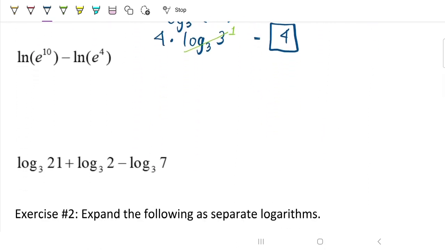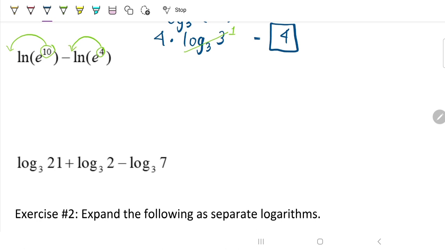Next item, we have ln e raised to 10 minus ln e raised to 4. Okay, so we can apply the power rule directly here. Since we have here an exponent of 10, we can move it to the front, as well as the 4.